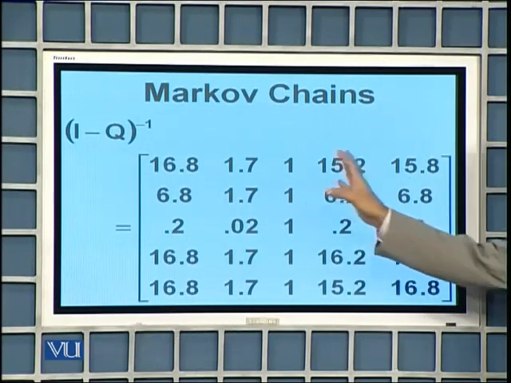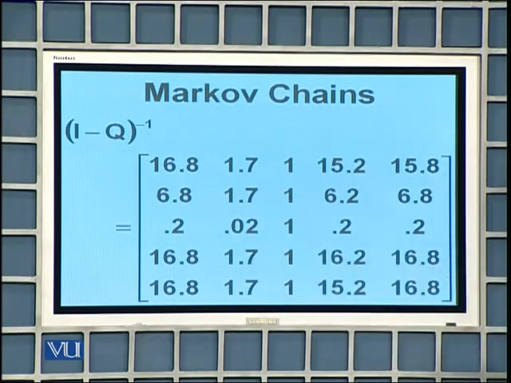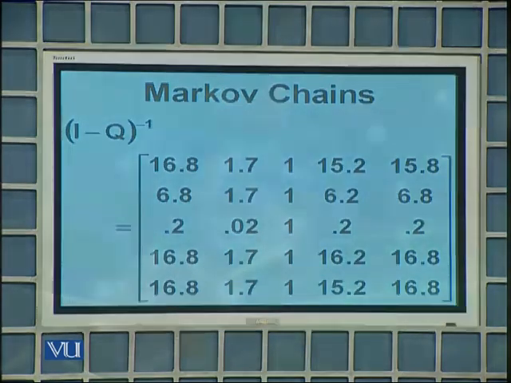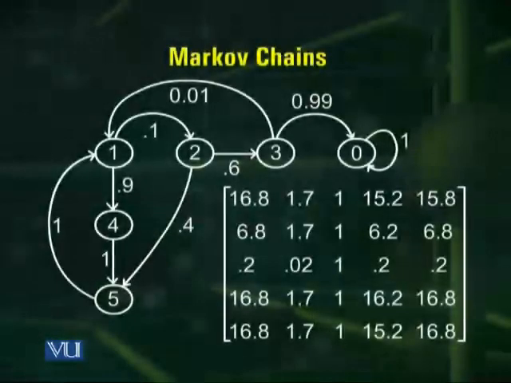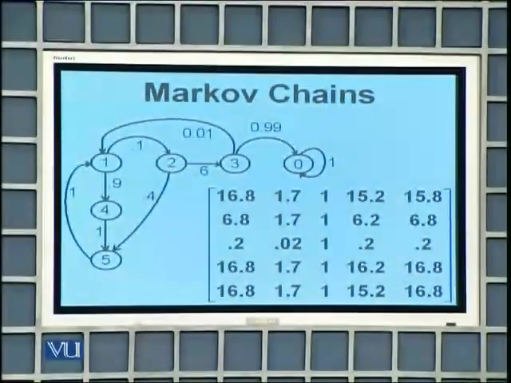We are going to interpret these numbers in terms of the average number of visits to different transient states before you get absorbed in the state labeled 0, which represents that the person has performed Hajj. So let's look at different numbers in this matrix, I minus Q whole inverse.